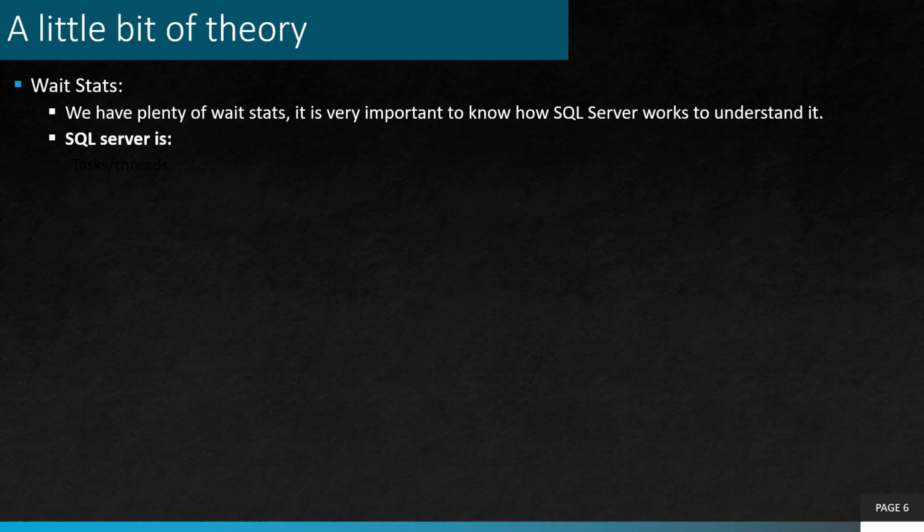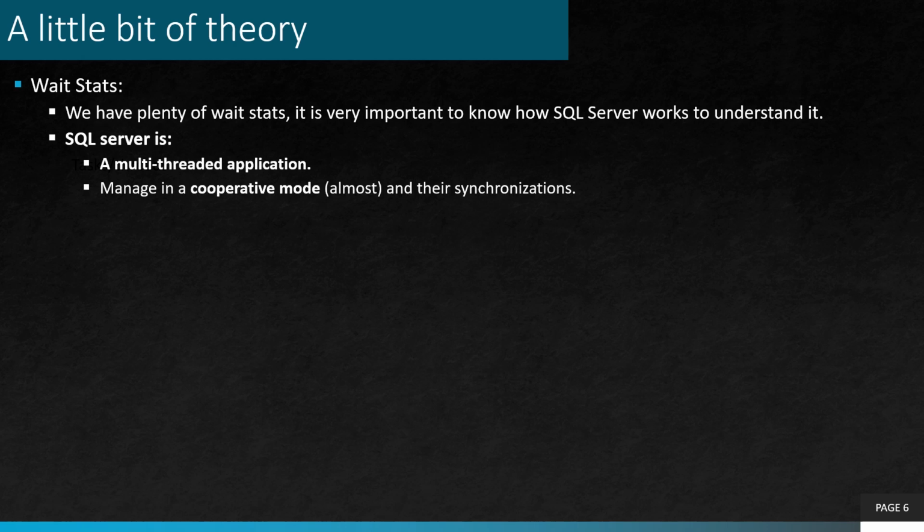The first thing is that SQL Server is a multi-threaded application. It's running in parallel with multiple threads, multiple CPUs. It's running in cooperative mode. That means that it's using multiple workers at the same time to run one specific query.